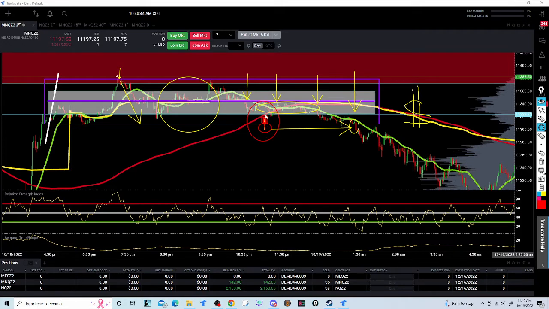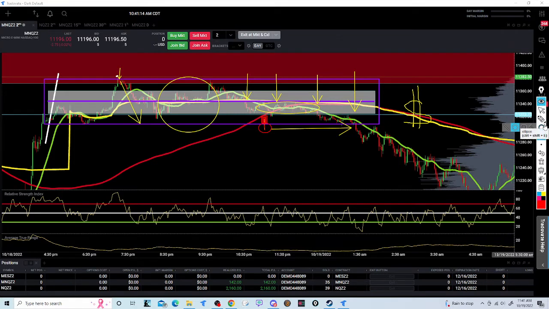It came out, but it went right back in. Okay? No good. You must, I repeat, you must wait for the candle to close. Very important. Very, very important. You must wait for the candle to close.